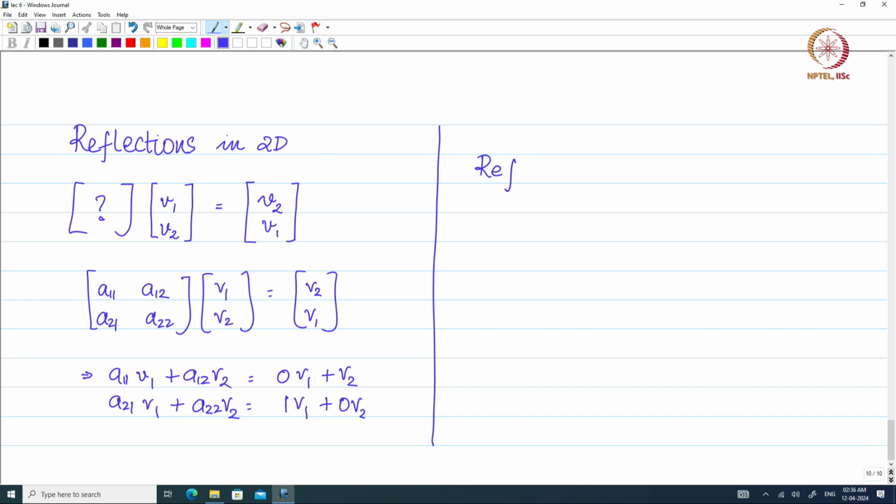So the reflection transformation, the matrix representation is given by 0 1 1 0.